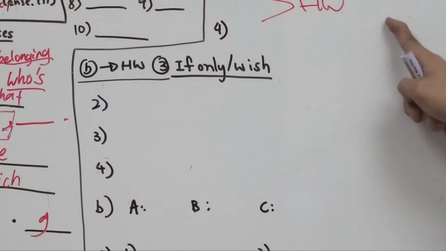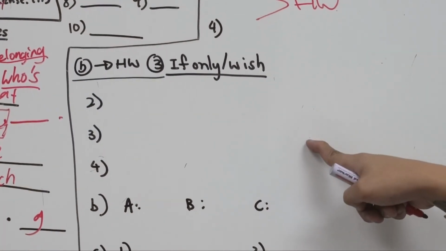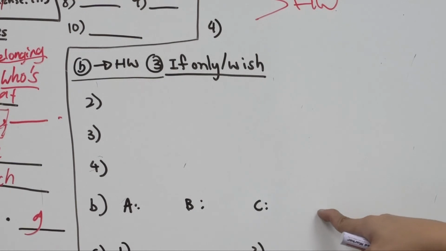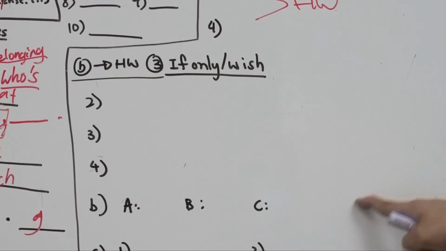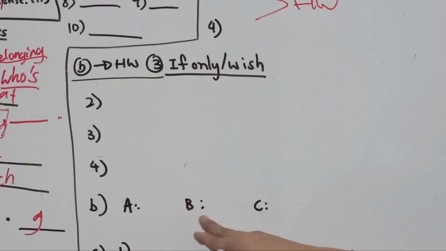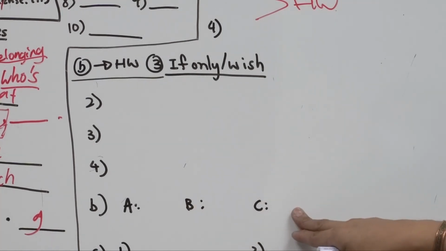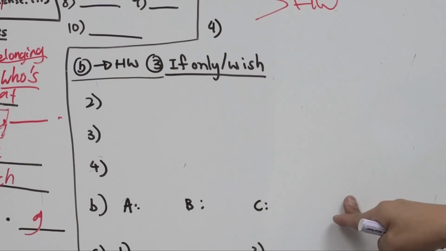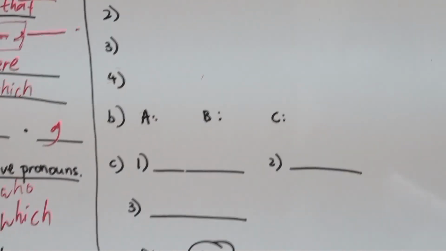Just rewrite the sentences. And then for part 3, we can easily just write down which shows regret about the past before, regret about the present right now, change of future or present. Which sentences? And then C, you just write down what you want to wish about yourself.